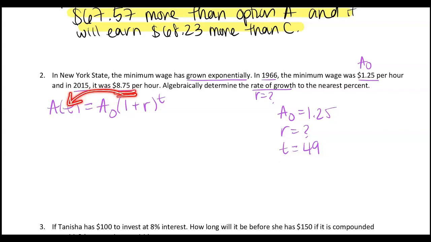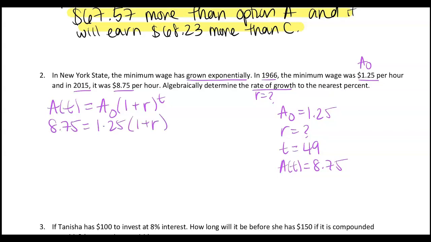So my A of t, which is the final amount just for this year that we're looking at, it'll be $8.75. So let's take all of this information and plug it in. So I'm going to have 8.75 is going to equal $1.25 times 1 plus my rate, because I don't know what that is, raised to the 49th power.